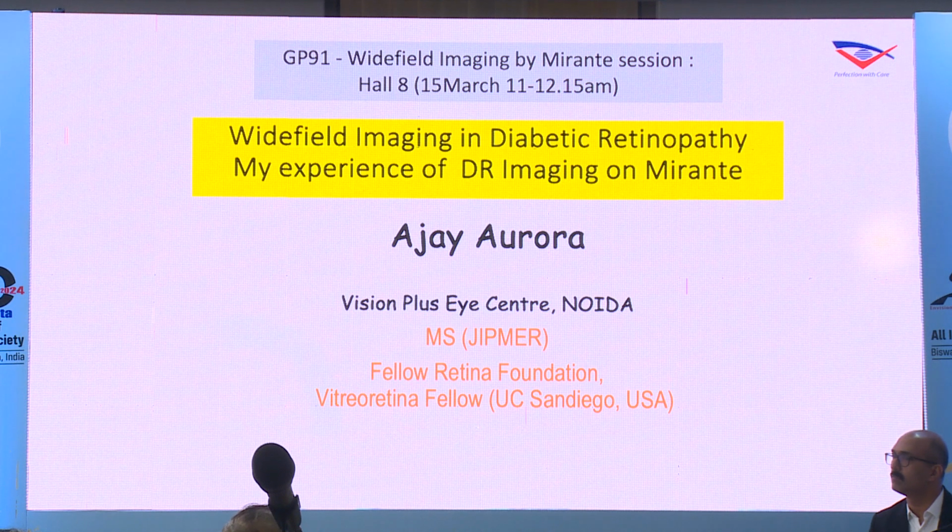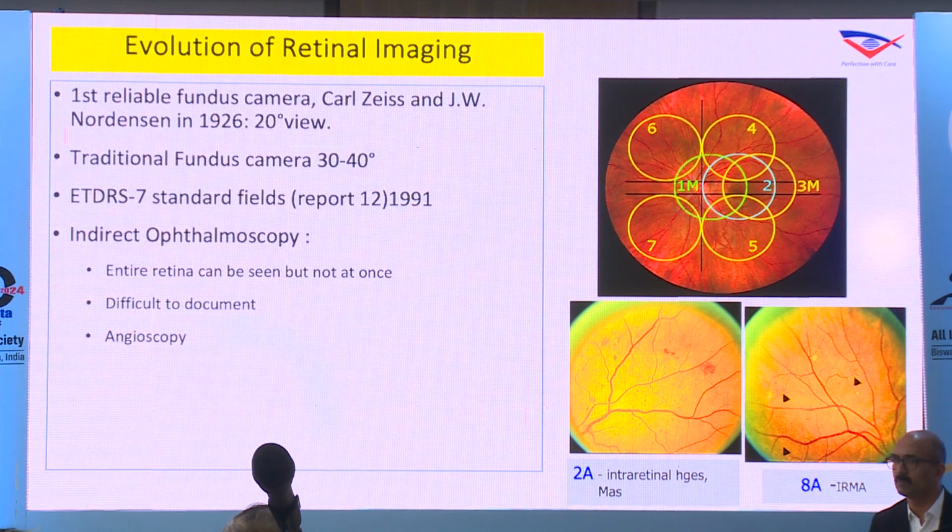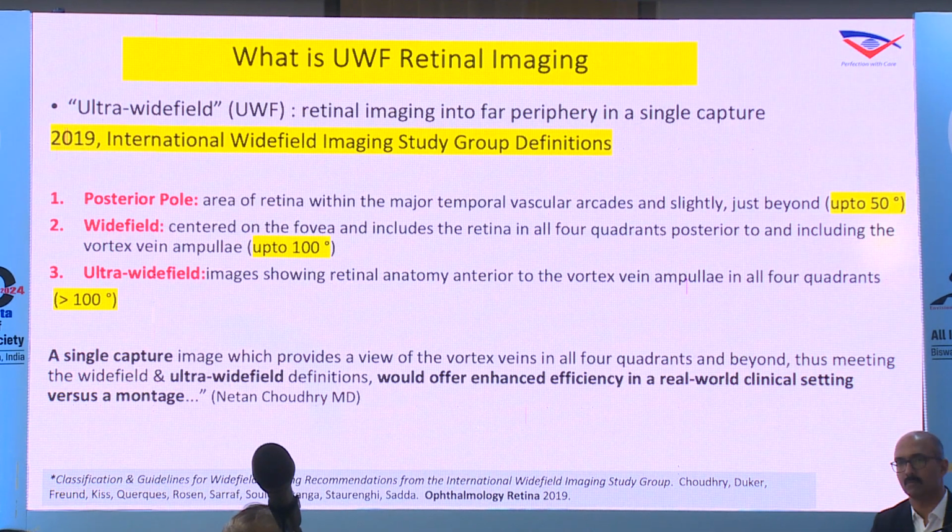So I'm talking about Widefield imaging of diabetic retinopathy, and I think this has already been mentioned to you, the evolution of retinal imaging from the first fundus camera, which came out in 1926, to where we are today. And what is the definition of ultra wide field imaging?